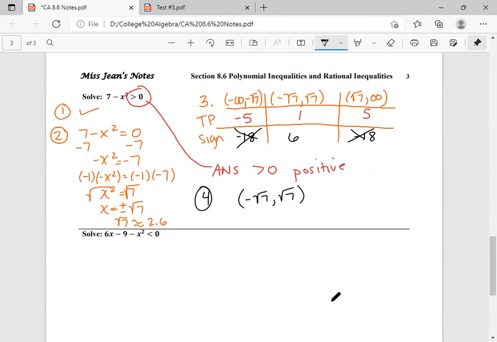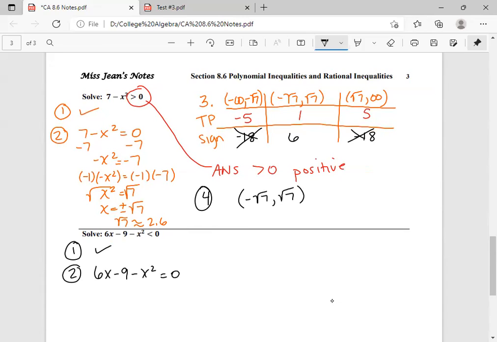So here we go. This one's nice. Step 1's done. It's already solved for 0. So step 2 is to find the factors of 6x minus 9 minus x squared is equal to 0. Okay, so we could actually factor this one out if we wanted to.